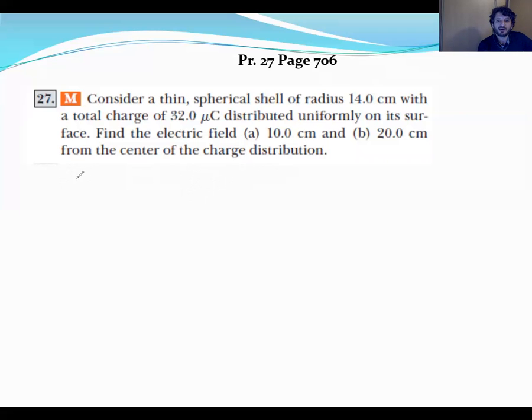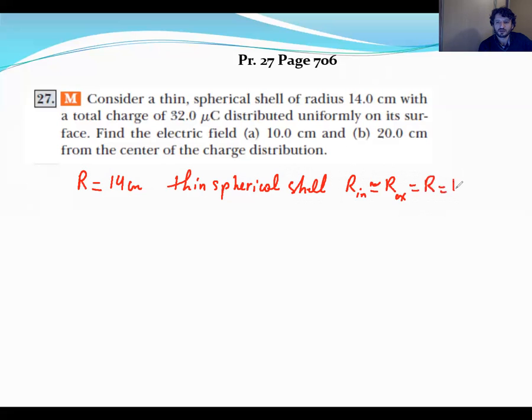Here we have the radius of this shell equal to 14 centimeter. It's a thin spherical shell. It means that the internal R equals the external R, let's say equal to 14 centimeter.